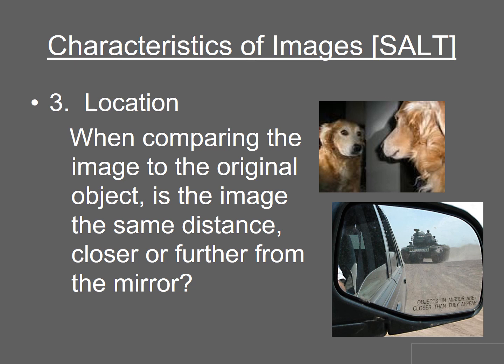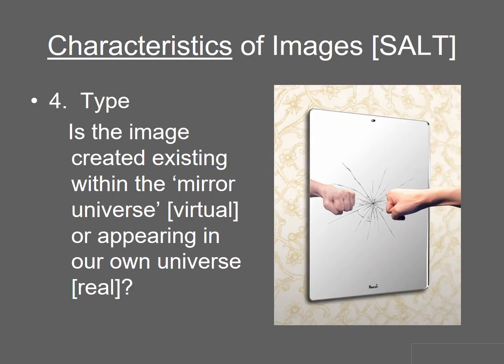Sometimes the image will be closer, sometimes it'll be further away, and sometimes it could be the same distance. And lastly, type, and we talked about this earlier. Something appearing in the mirror universe we call virtual, it's not a real image. And something in our world, a tangible image, is called real.